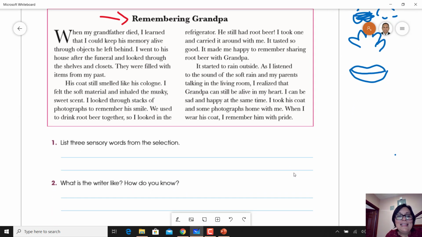Number 1 says, list 3 sensory words from the selection. Remember that sensory words are words that appeal to your senses. And number 2 says, what is the writer like? How do you know? The person who wrote this story, how is that person, and how do you know that? So I need you to read Remembering Grandpa and answer number 1 and number 2.